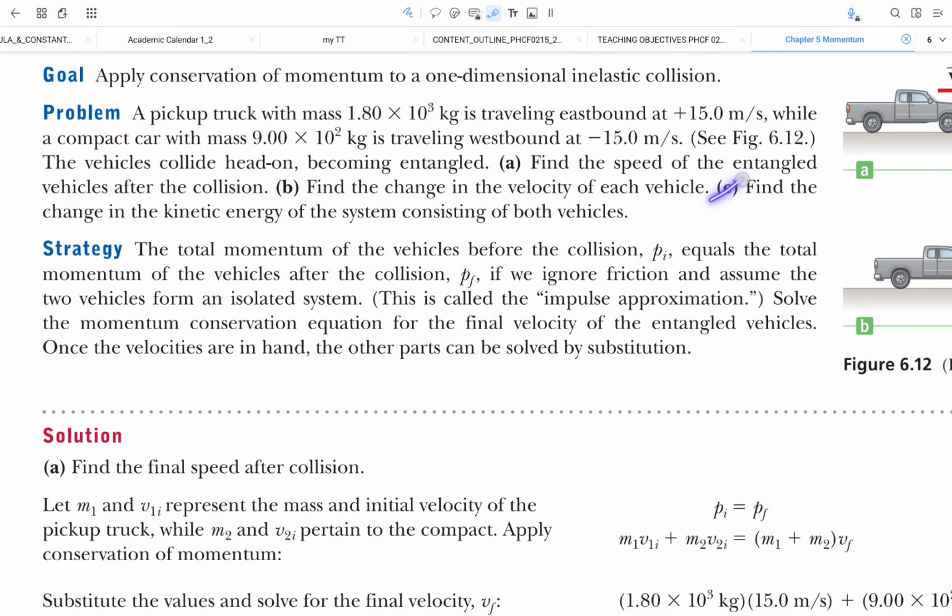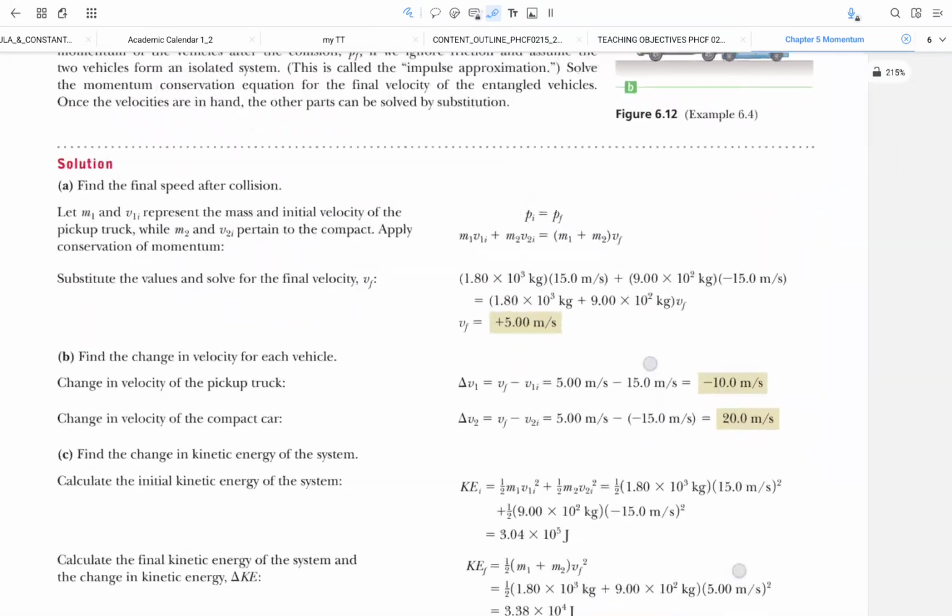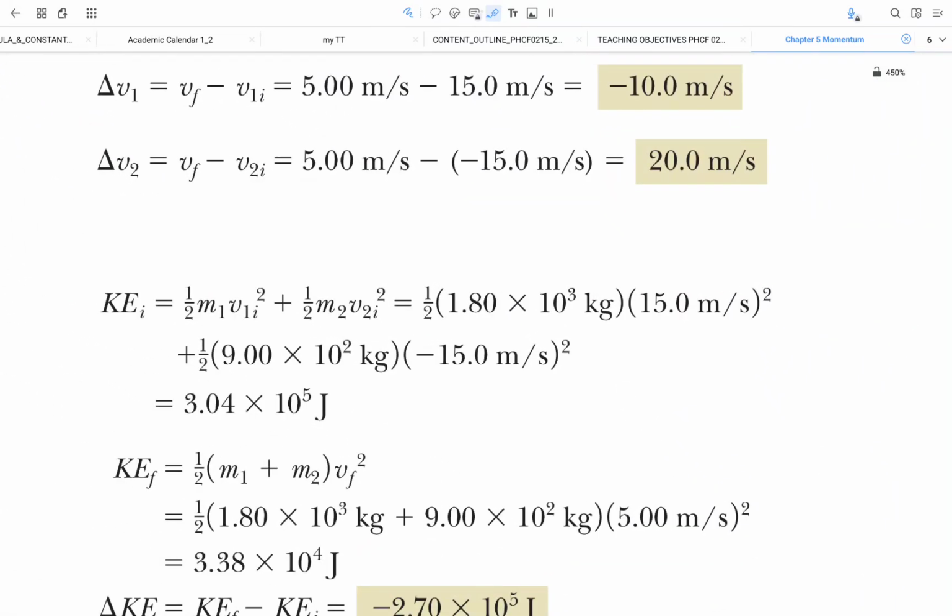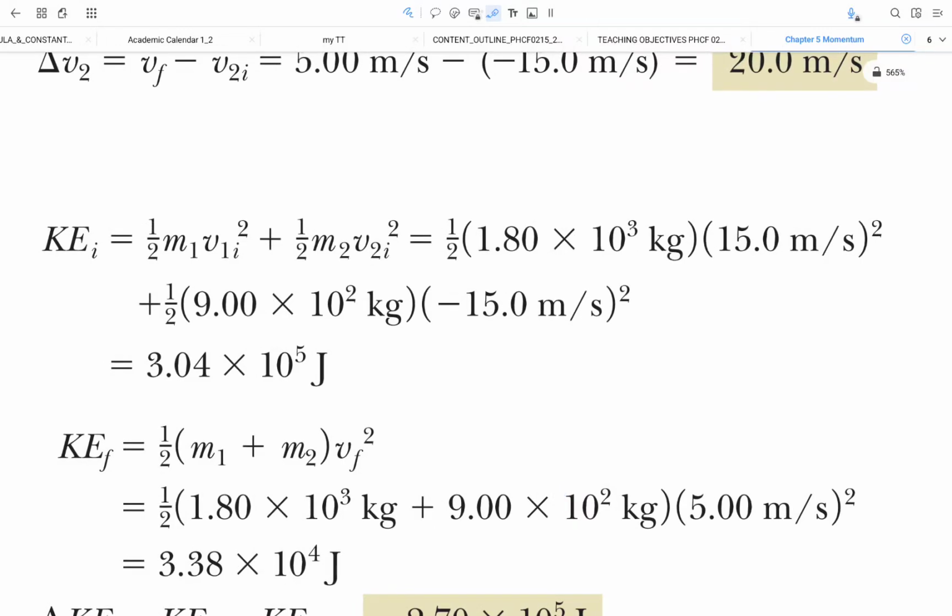So that's the reason why the question is asking you to calculate or find the change in the kinetic energy of the system. When it says system here, it's trying to emphasize again that you have to measure kinetic energy for both vehicles. What we did, as you can see over here, is the kinetic energy of the individual vehicles initially.